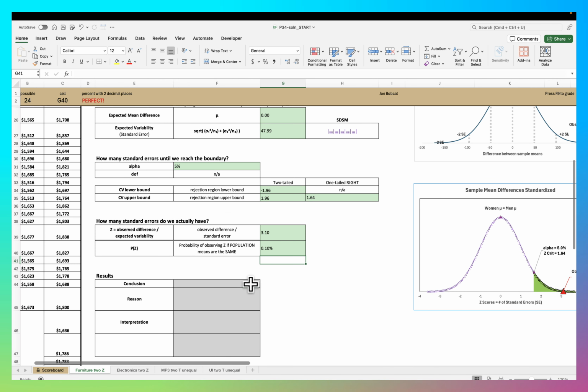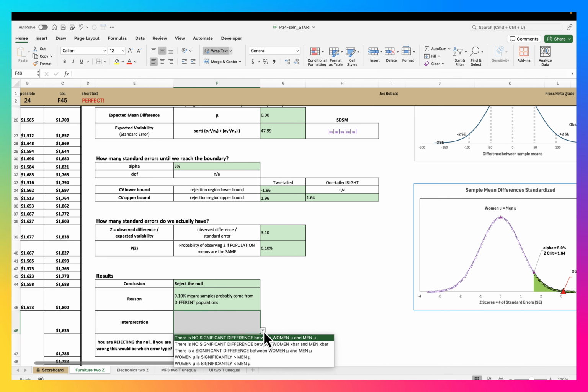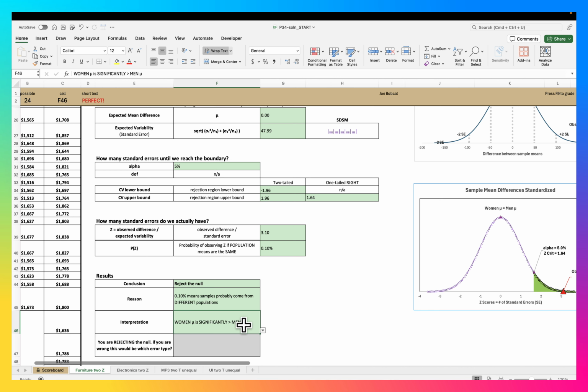So the conclusion here is to reject the null, and the reason for that is that that percentage means samples probably come from different populations, and our interpretation is then if they're different populations, then the population mean for women is significantly greater than men.